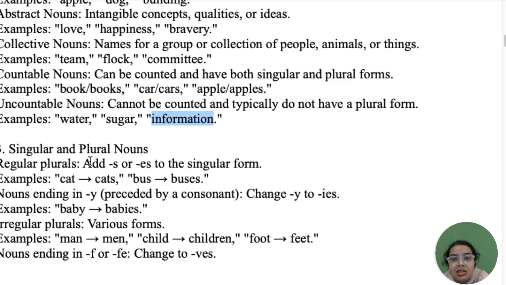But there are certain things which your subconscious mind absorbs. You just have to expose yourself to that particular thing, and you will see that automatically that thing starts going in your brain, and you remember that.